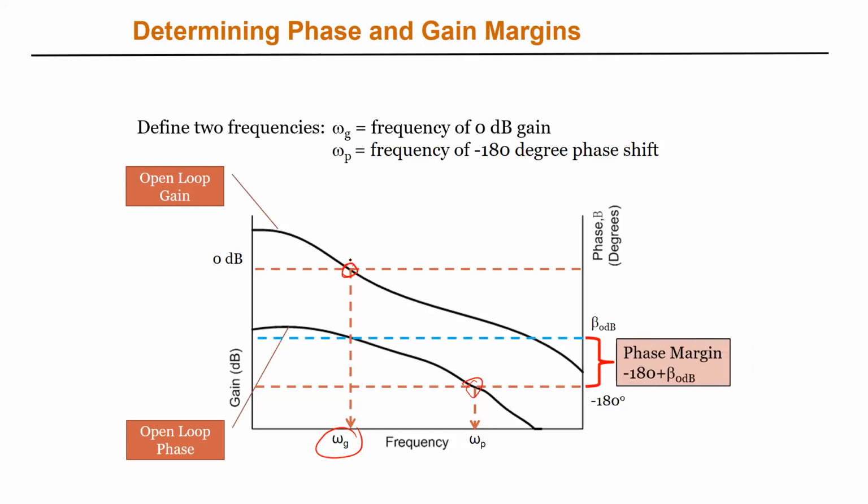This is the gain crossover frequency. Go down, read the intersection, find the angle, find the phase. Then see how much you need to go to the minus 180 degrees. And this is basically the phase margin.